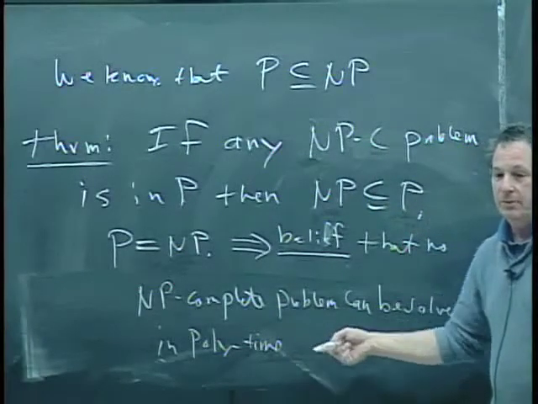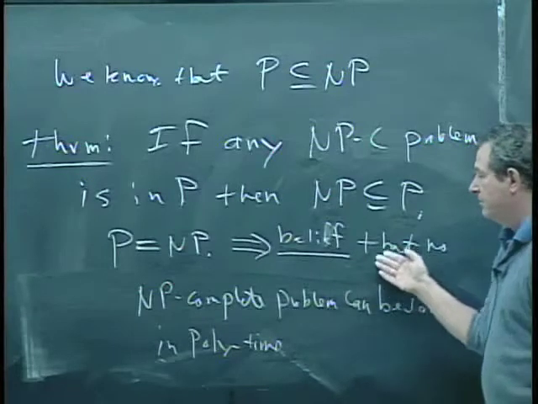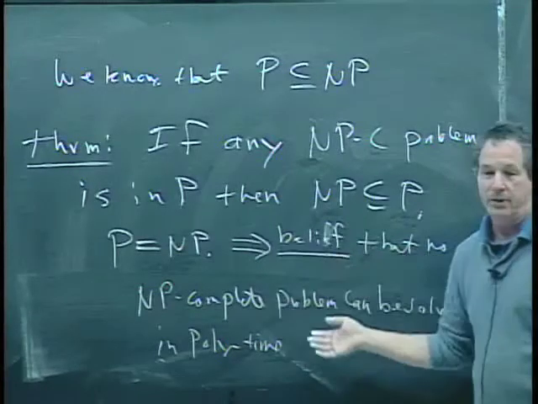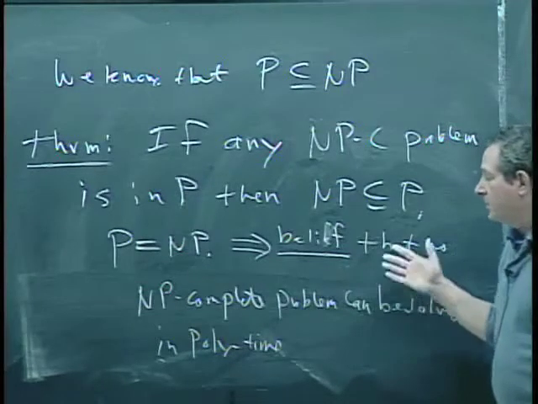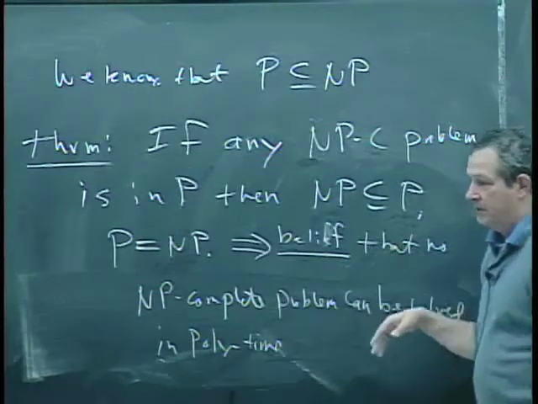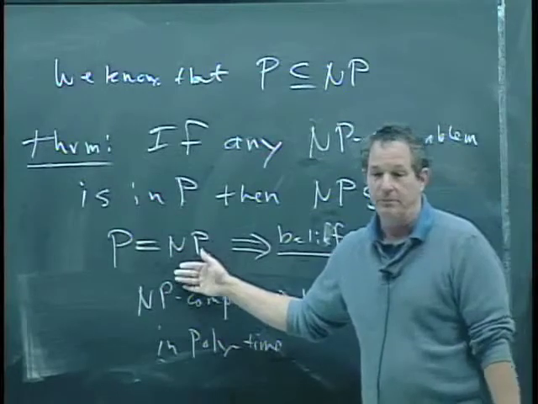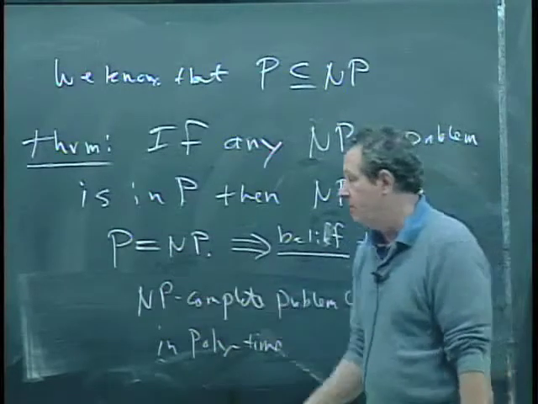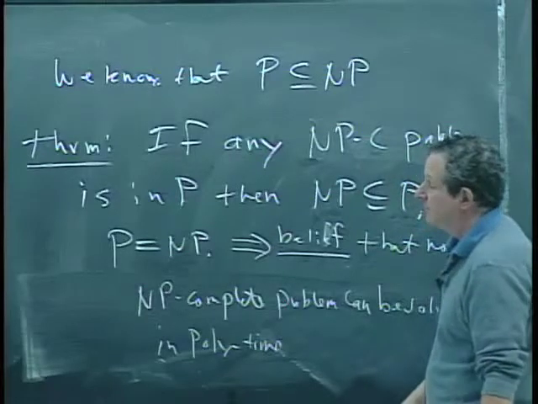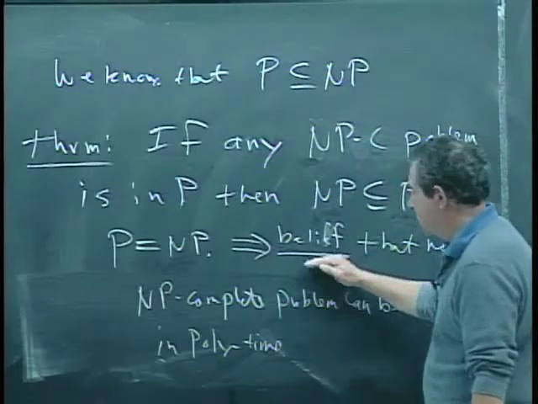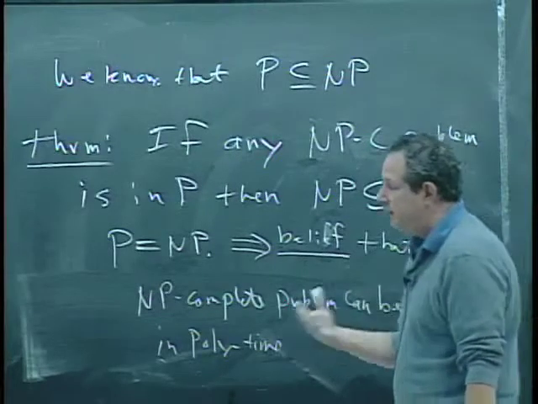Now, there actually are people who think that maybe P is equal to NP. But most people are not betting that way. Most people are betting that P is not equal to NP. And anyway, the failure up to now of anybody to get a polynomial time algorithm for an NP-complete problem is what fuels this belief.